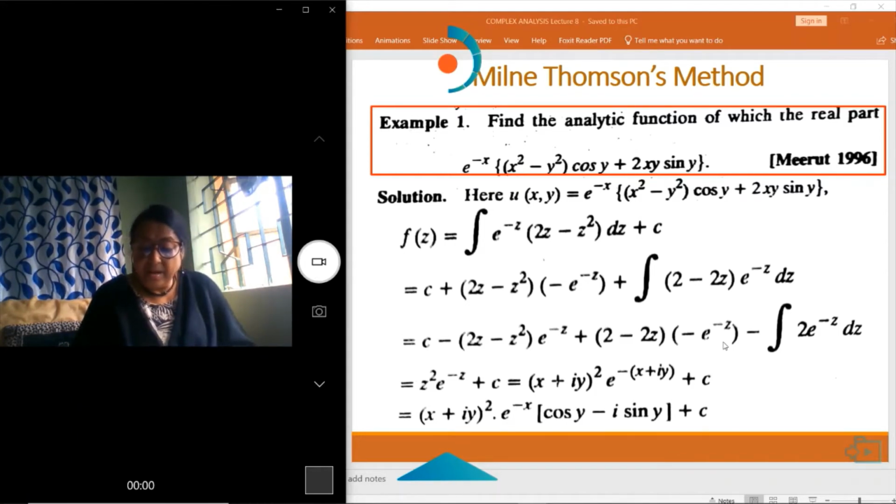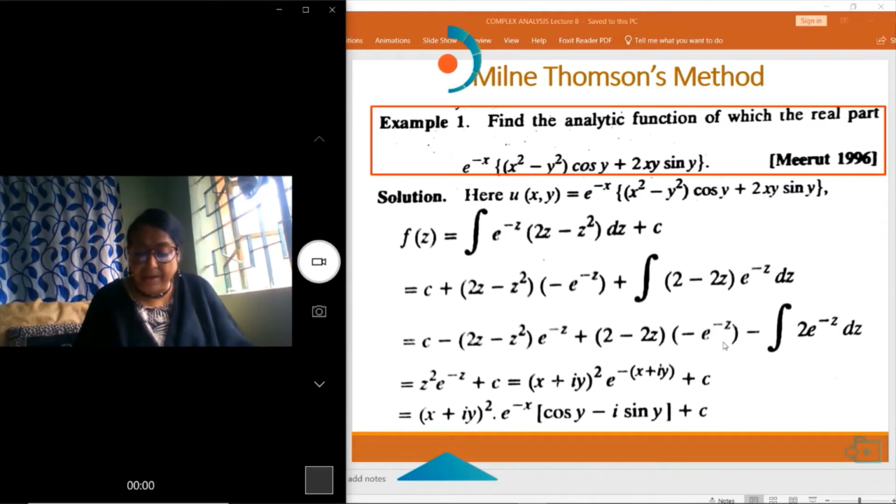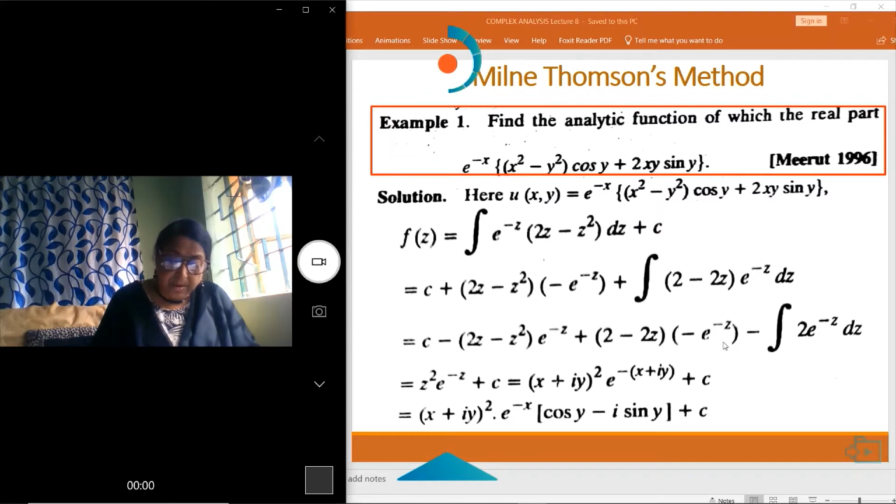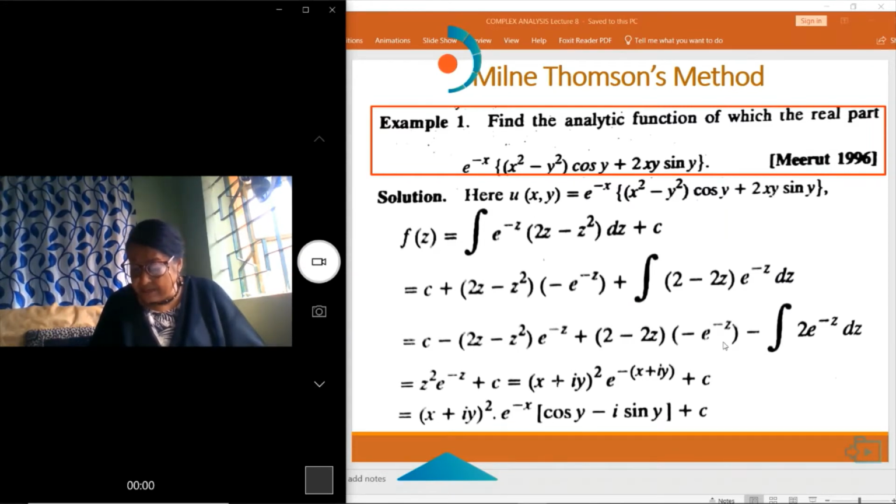Now, φ1 = ∂u/∂x, and φ2 = ∂u/∂y; after calculating these, you get the values. Then f'(z) = φ1(z,0) − iφ2(z,0), which after calculation gives e^(−z)(2z − z²) − ... So after calculating this, we get f(z) = (x + iy)² e^(−x)(cos y − i sin y) + c.